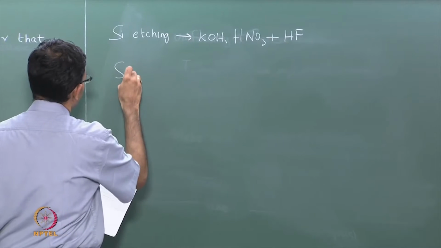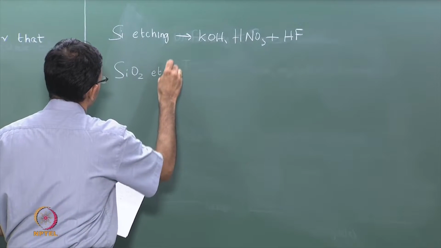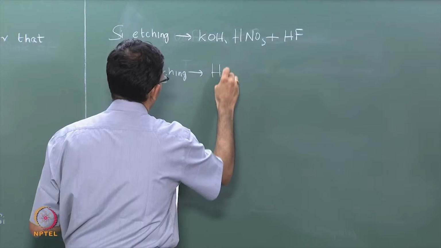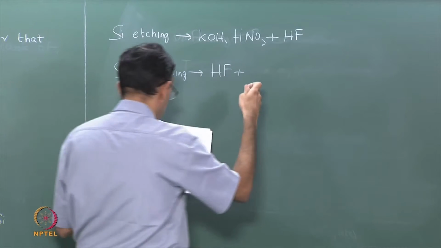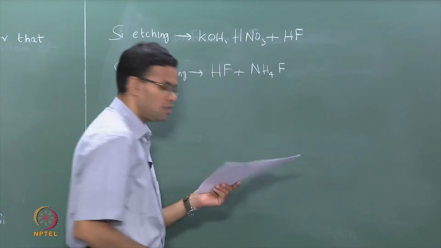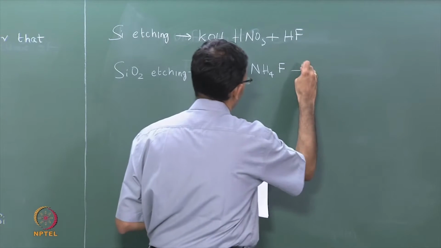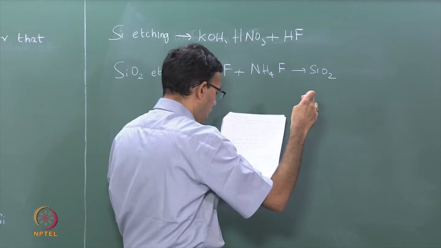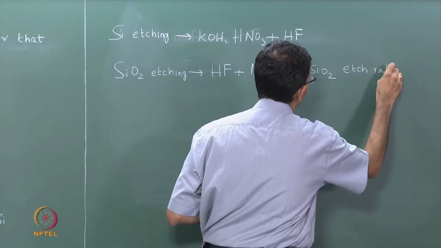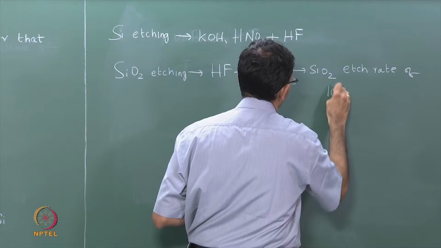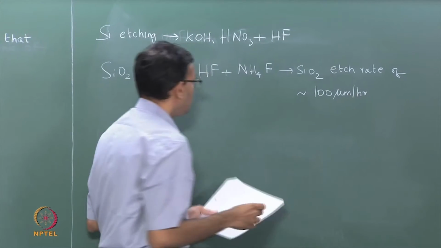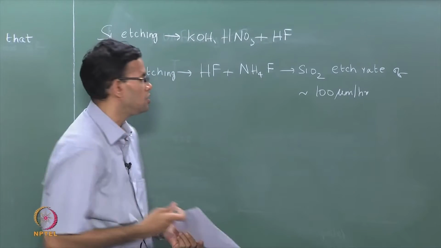For SiO2 etching, typically hydrofluoric acid plus ammonium fluoride, NH4F, is used. This gives you an SiO2 etching rate of approximately 100 microns an hour. But it is very selective to SiO2, it does not etch silicon.